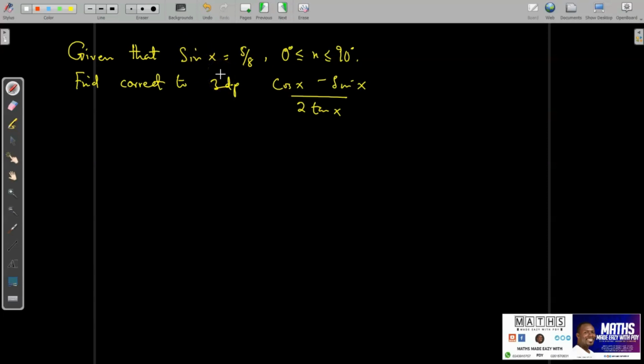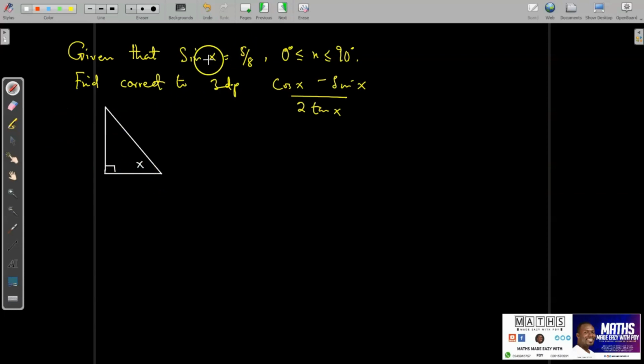A right-angled triangle. So the way forward in solving this question is you must have a right-angled triangle, in which the x is somewhere.